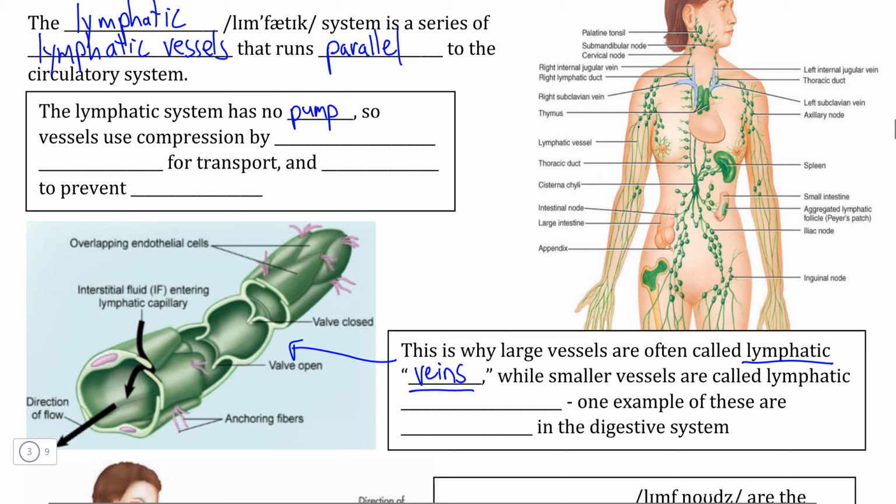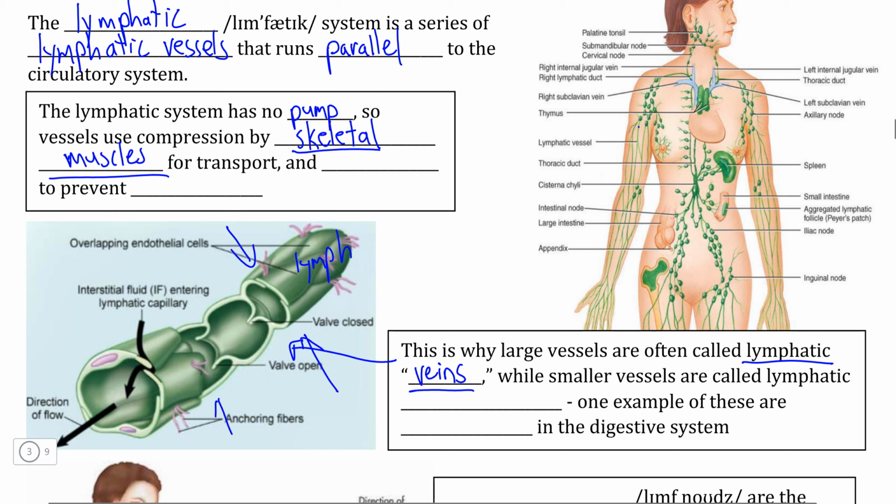There are two structural similarities that lymphatic veins have to circulatory veins, the first of which is that every lymphatic vein or large lymphatic vessel is surrounded by skeletal muscle. So in the same way that veins cannot rely on the heart for propulsion because they are too far away from the heartbeat, lymphatic vessels have no pump whatsoever, and so the propulsion of the fluid that moves through your lymphatic vessels, which is what we call lymph, is driven by the contraction of skeletal muscles on the outside.